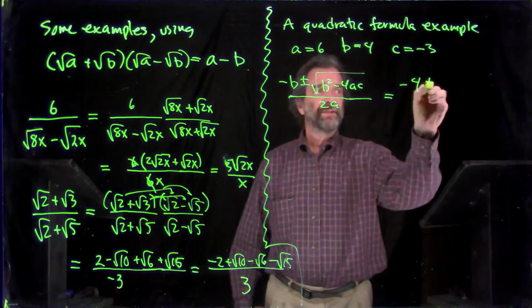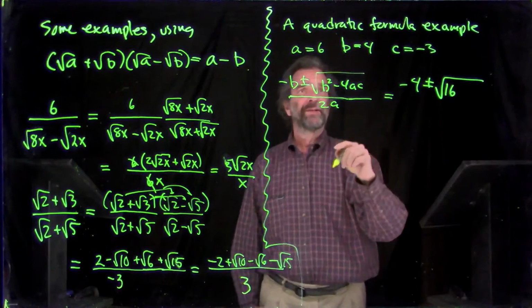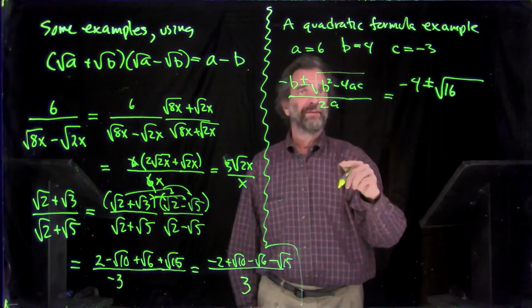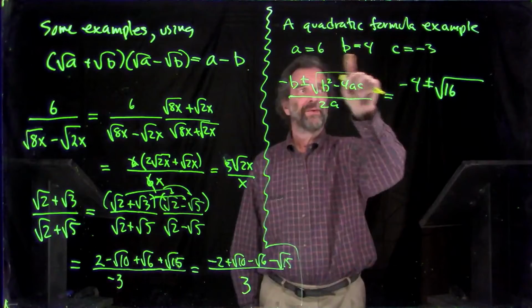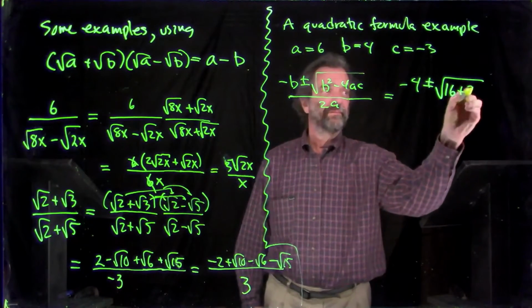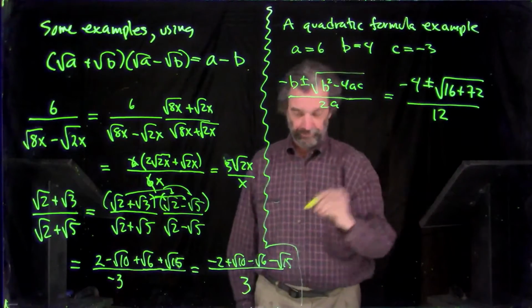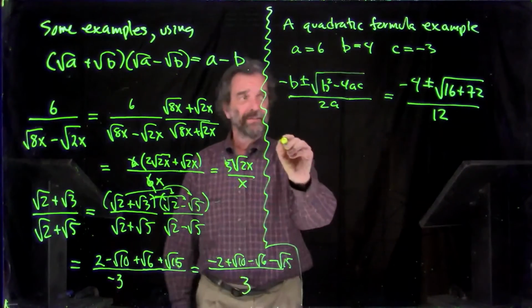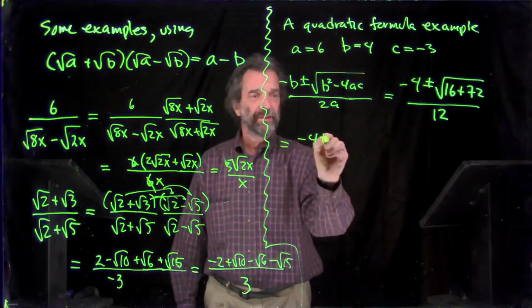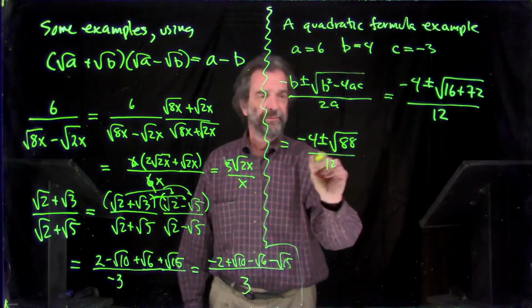Minus 4 plus or minus the square root of b squared, which is 16, minus 4ac, which is 12 times 72, I hope, and 2a is 12. So we get minus 4 plus or minus the square root of 88 over 12.